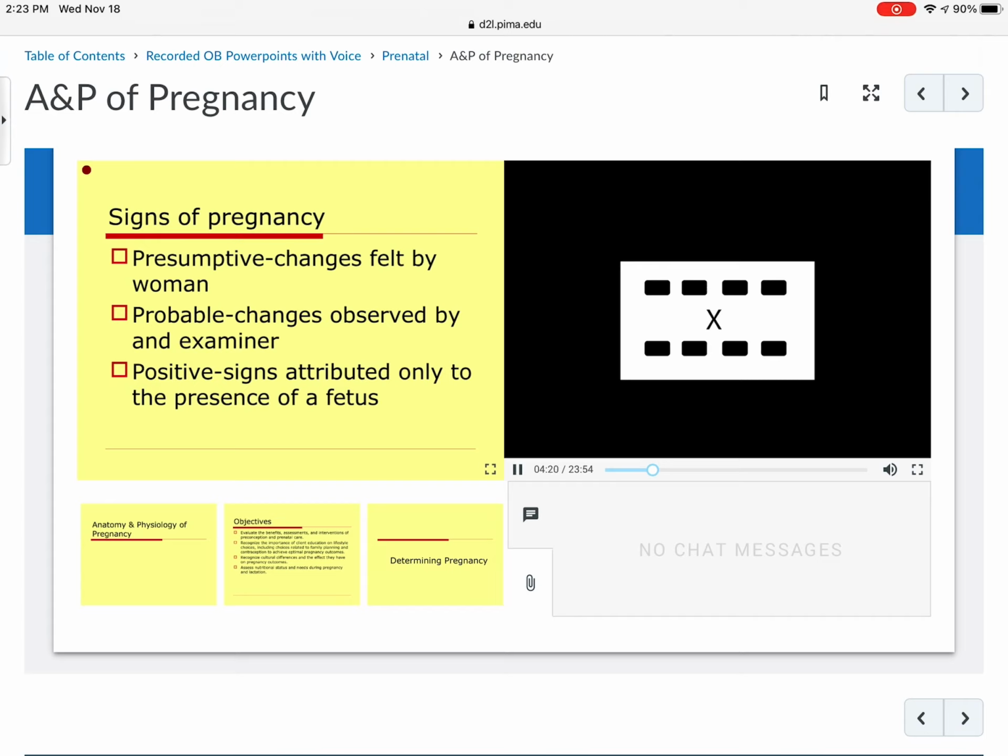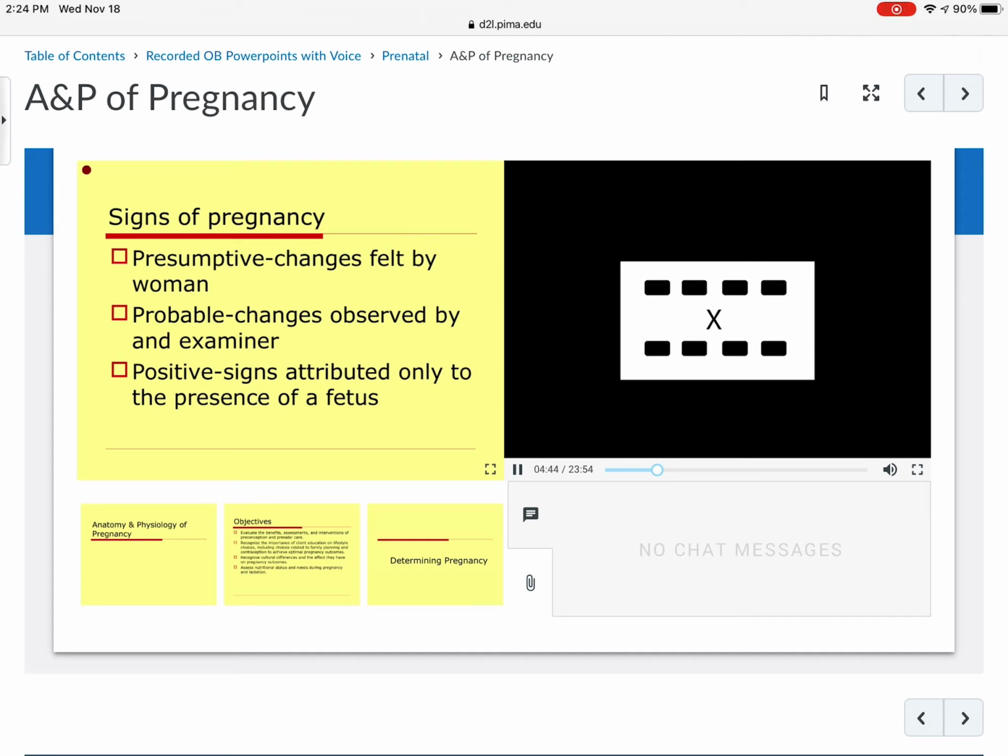My breasts are a little sensitive. But they're presumptive because have you ever been nauseous and not been pregnant? Yes. Have you ever been tired and not been pregnant? Yes. Have your breasts ever been sensitive and you've not been pregnant? Yeah. So there are changes felt by women, but they're presumptive.